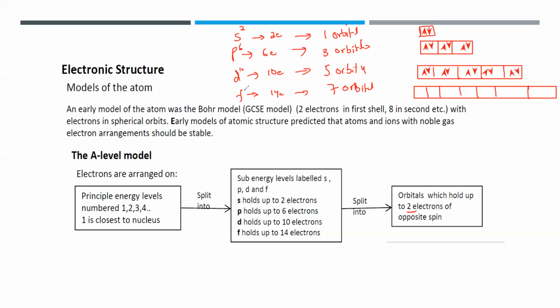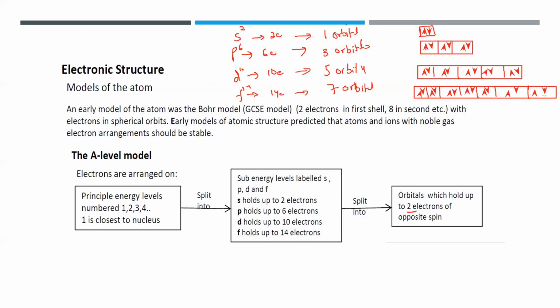And F can have a maximum of 14. First they will occupy singly, 1 to 7, then 8, 9, 10, 11, 12, 13 and 14. This is how the electrons are arranged in these orbitals. Is the concept of shells clear? We have 7 shells, these shells have subshells S, P, D, F, and these subshells have orbitals which can hold up to 2 electrons in opposite spin.